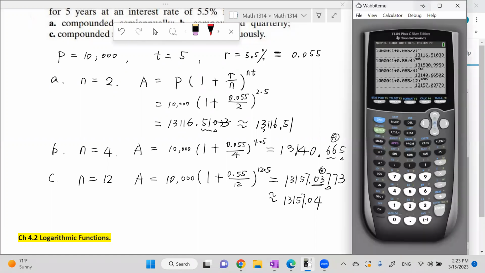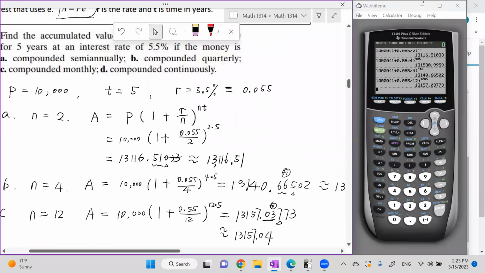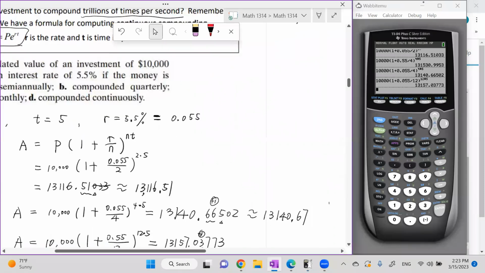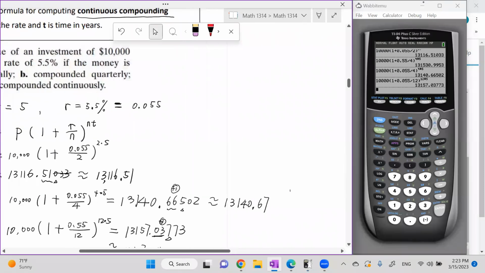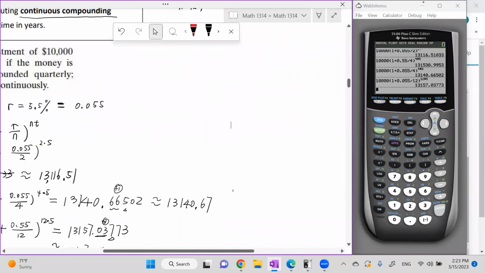All right, what's the last question? Last question, compound continuously. We are using a different formula. So put D here, future value.